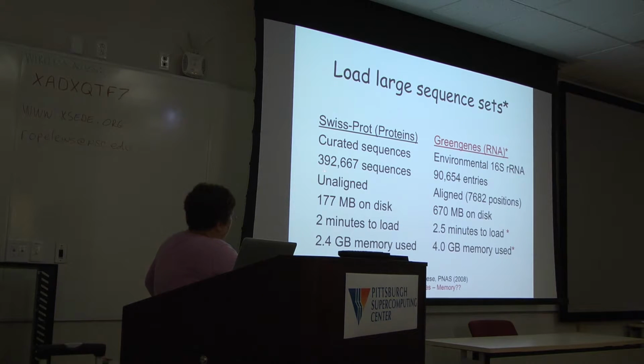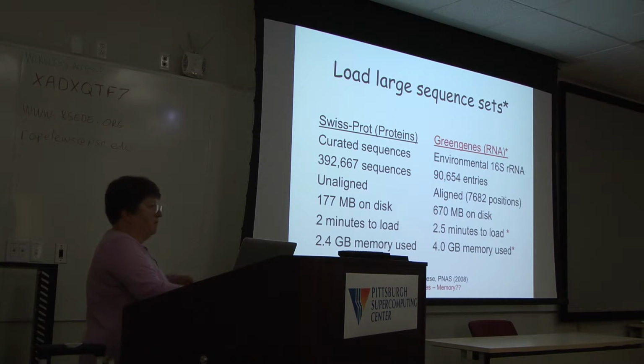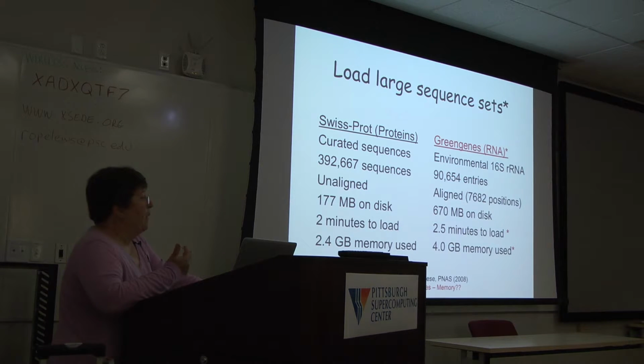This is up to over millions. So already to do this number of sequences for proteins or for RNA, this took about 2.5 minutes to load and took about 4 gigabytes of memory. This took 2.4 gigabytes of memory. You can put the whole databases in there. Because it used to be that if you were trying to do something like BLAST, you could put in 1 or 2 sequences.